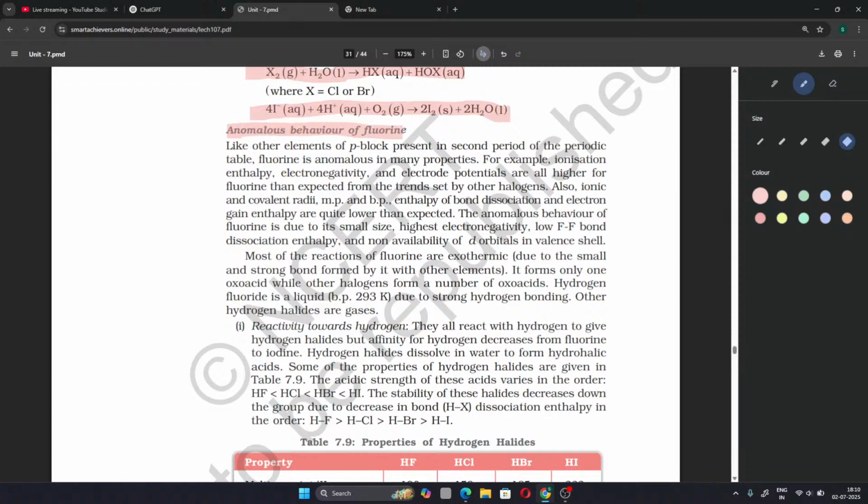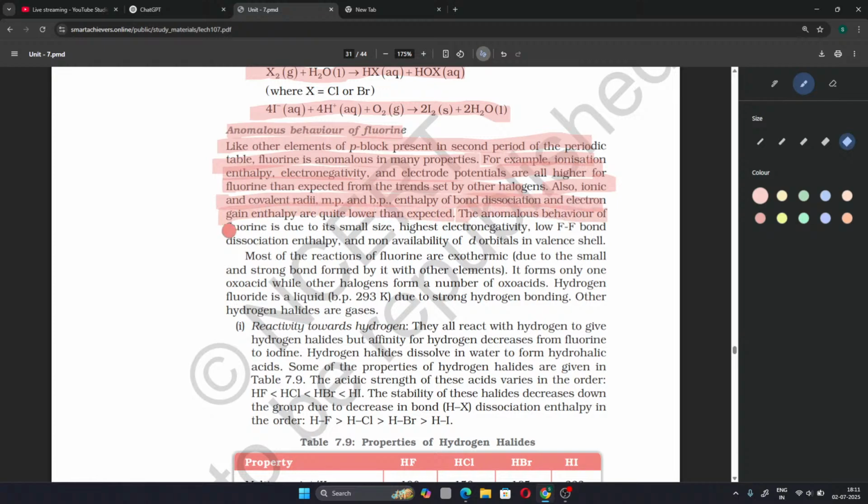Anomalous behavior of fluorine. Like other elements of the p block in the second period of the periodic table, fluorine is anomalous in many properties. For example, ionization enthalpy, electronegativity and electrode potentials are all higher for fluorine than expected from the trends set by other halogens. Also, ionic and covalent radii, melting point and boiling point, enthalpy of bond dissociation and electron gain enthalpy are quite lower than expected.